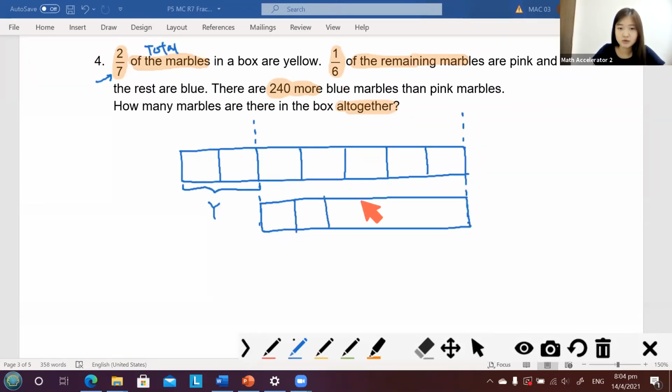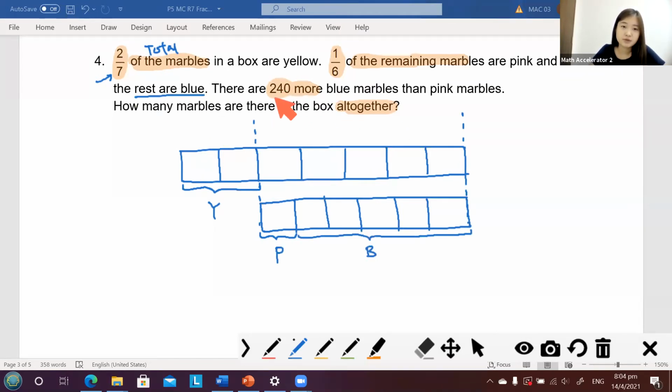So 1, 2, 3, 4, 5, 6. 1 out of the 6, label it as P for pink. Then everything else is going to be blue. They say the rest are blue.